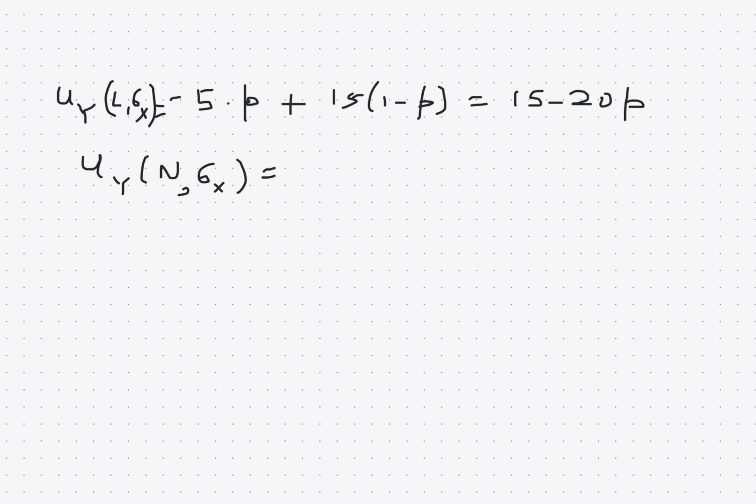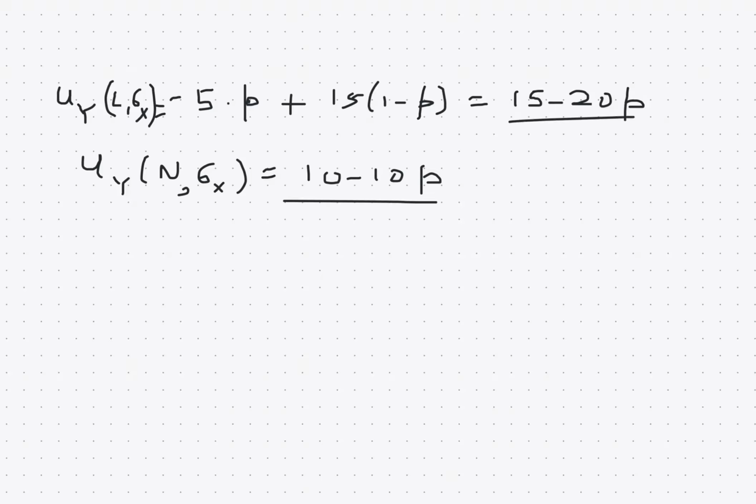So firm Y is choosing to not lobby, right? So it will get 15 if firm X is, okay, so that will be equal to 10 minus 10P. This is the simplified one.